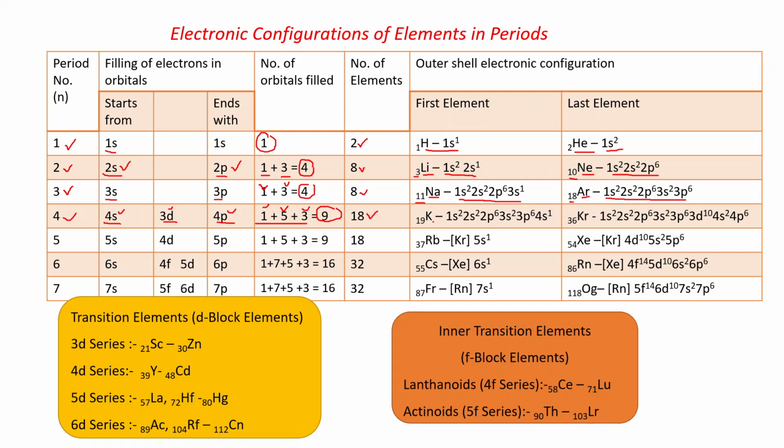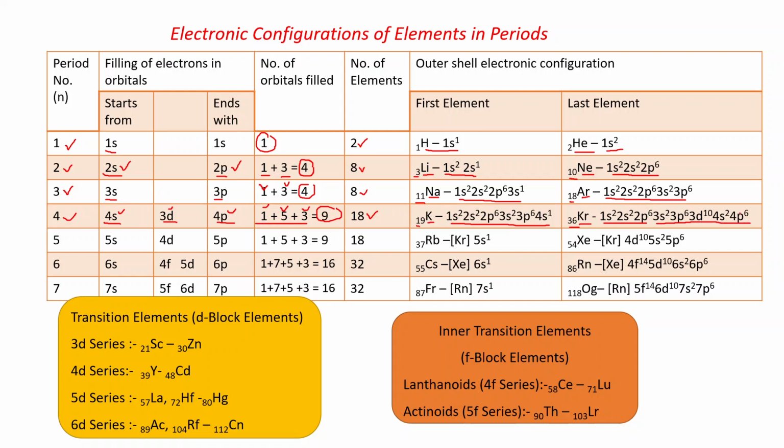And these elements start from potassium, atomic number 19. And if we see the electronic configuration, 1s2, 2s2, 2p6, 3s2, 3p6, 4s1, and this will end at krypton, atomic number 36, 1s2, 2s2, 2p6, 3s2, 3p6, 3d10, 4s2, 4p6.